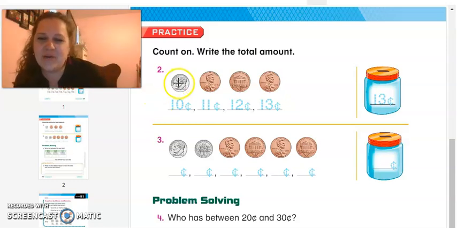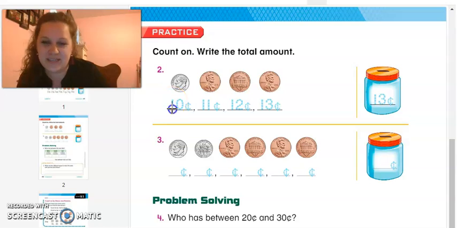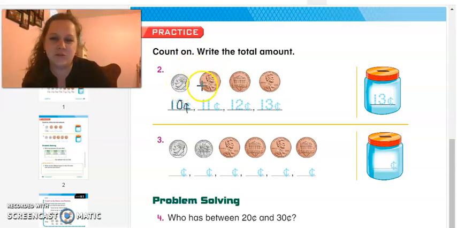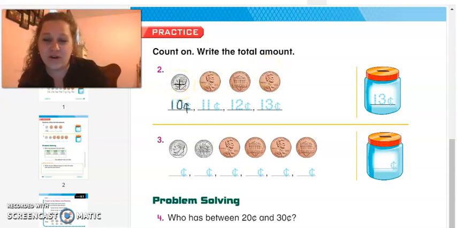So we start here with a dime, which is worth 10 cents. And then we switch over to a penny, which is worth 1. So instead of saying 10, 20, 30, 40, because we don't have all dimes right here, we're going to switch over from a dime to a penny and say 10, 11, 12, 13.